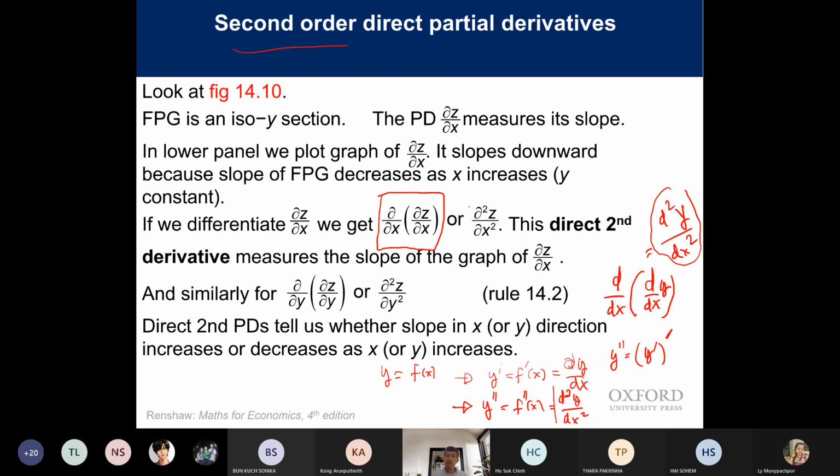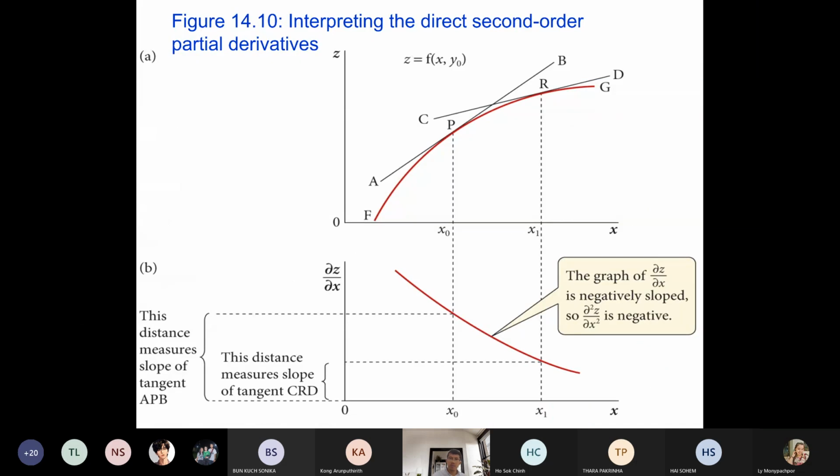Finally, this should be a reasonable notation for the second partial derivative with respect to x. And we also have the second derivative with respect to y, which is denoted this way. And what are they actually, right?